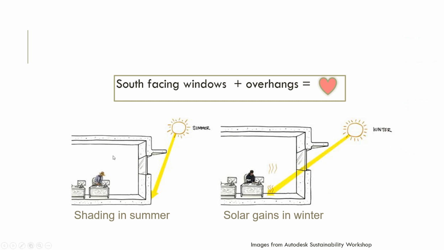Now, the most effective shading system for a south-facing window is a horizontal overhang. It works really well because it allows the winter sun to enter the building, but is really good at preventing the very high summer sun from coming inside.